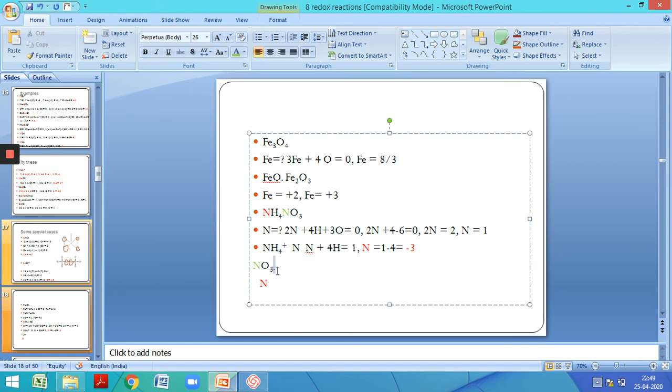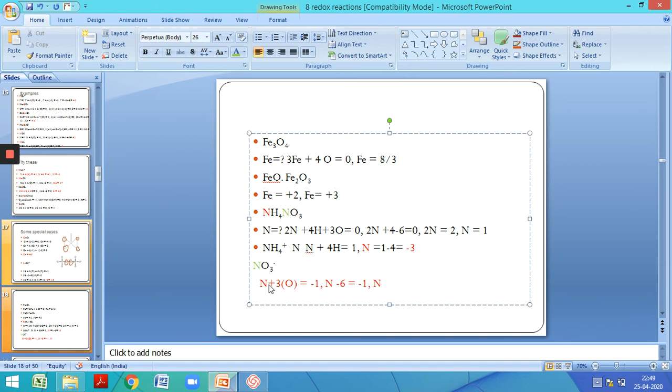Nitrogen plus 3 oxygen, the oxidation number sum is equal to -1, which is the charge on the ion. So nitrogen minus 6, because each oxygen is -2, is equal to -1.